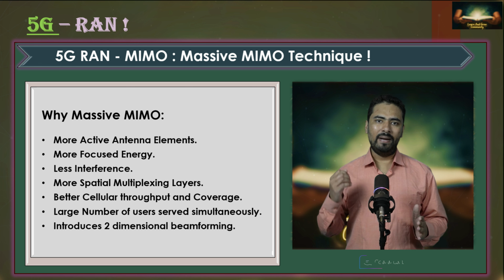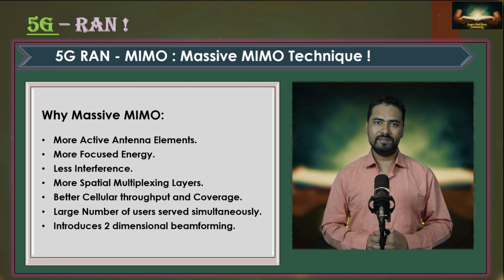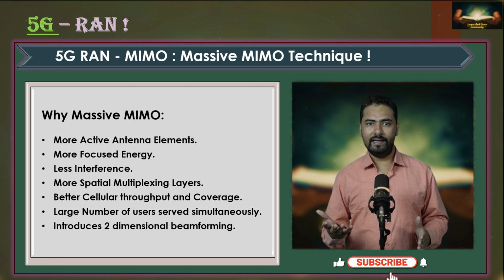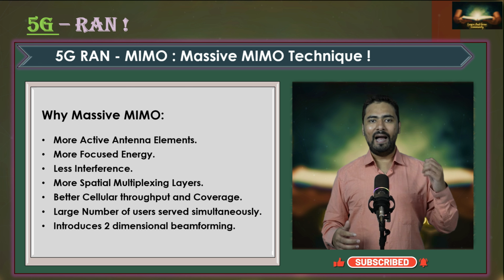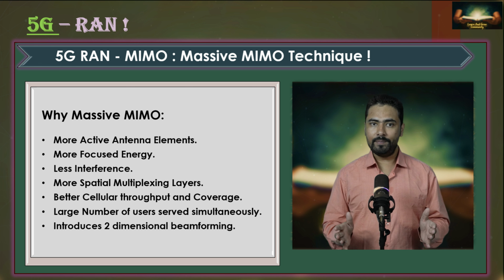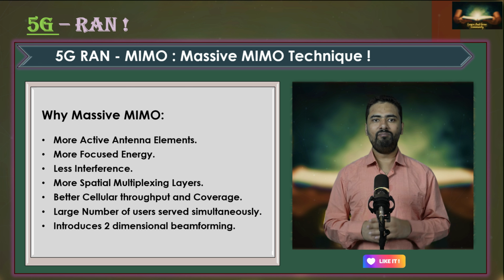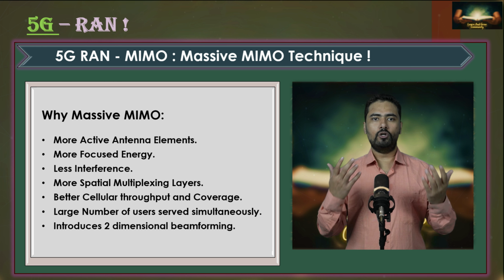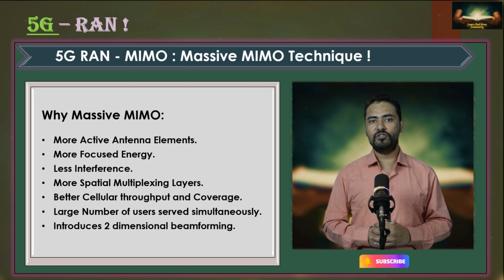Number one, massive MIMO systems have a larger number of active antenna elements. Number two, massive MIMO allows for more focused energy to improve signal strength. Number three, high intensity beam signals are less impacted by interference, so it has better signal quality. Number four, in good SNR conditions, more spatial multiplexing layers are possible, so you can enhance the data transmissions.